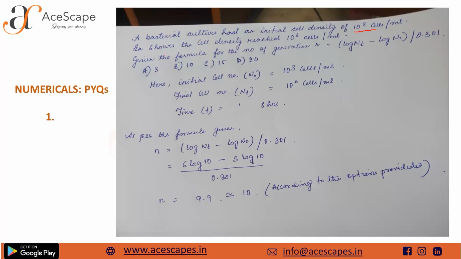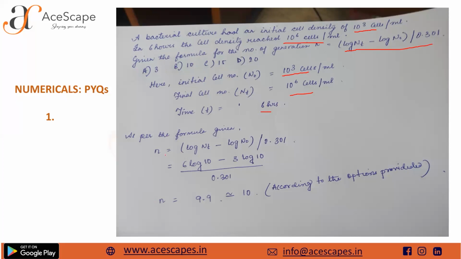In 6 hours, the cell density reached 10 to the power 6 cells. The formula is also provided. We have to find the number of generations. These are the options given here. So we have the initial cell number as this, the final cell number as 10 to the power 6, and the time given is 6 hours.